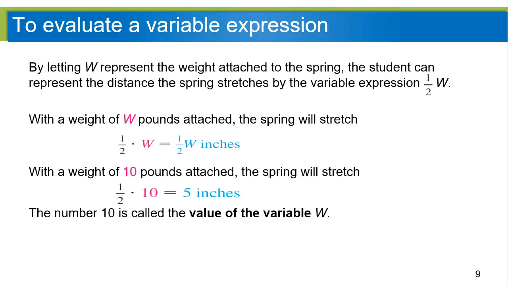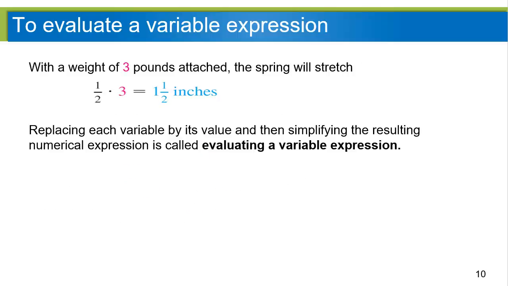So we could set that up as a variable expression as 1/2 times the weight is going to equal the length that the spring stretches, right? That kind of thing. So that's a simple version of a variable expression that we can use to then solve things like, if you put 3 pounds on it, how far does it stretch?